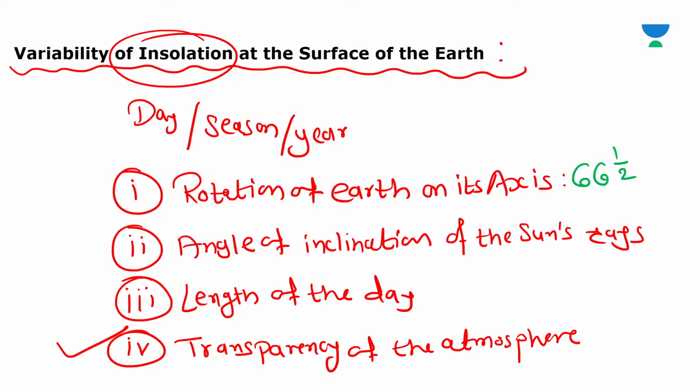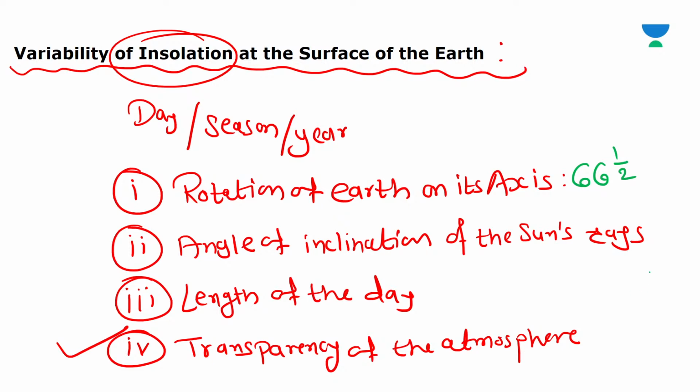Then the second factor, the angle of inclination of the sun's rays, determines the amount of insolation received.